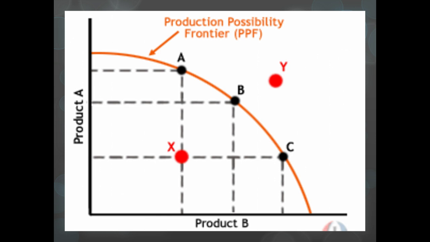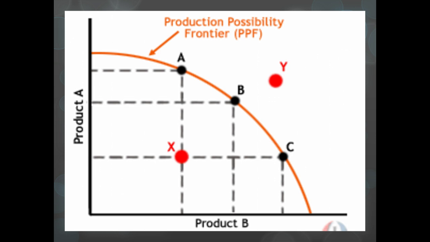The economy has the potential to produce point A or point B or point C, but it is producing only up to point X. So the meaning of point X is underutilization of resources. A point inside the production possibility frontier is known as underutilization of resources.